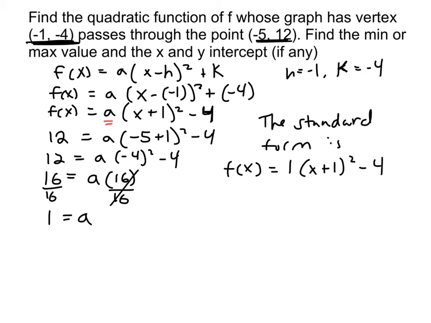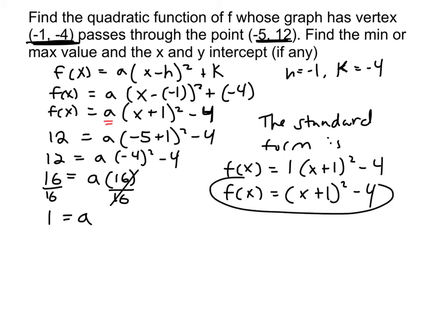What I'm doing is looking at this equation right here and plugging in a. A is 1. There's no reason to write that 1, because 1 times anything is just itself. So I could just write x plus 1 squared minus 4. So that's the first part of this question, to find the quadratic function.